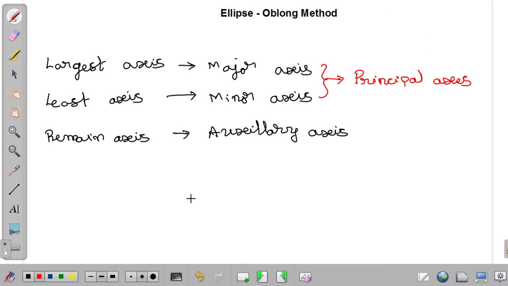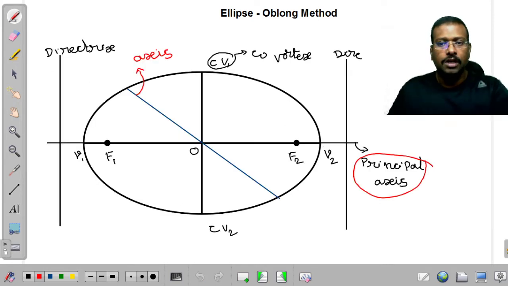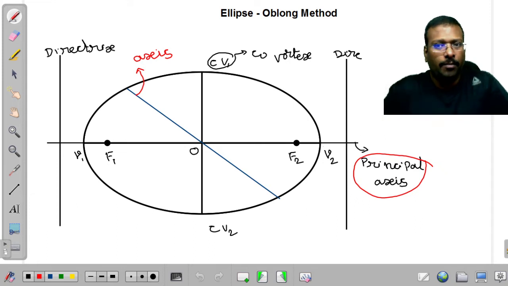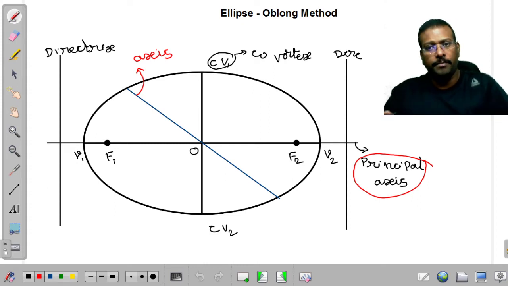So now when we are going to use the oblong method, what is an oblong method? Is it a single one, or are there different methods, with different names? We have to know it.